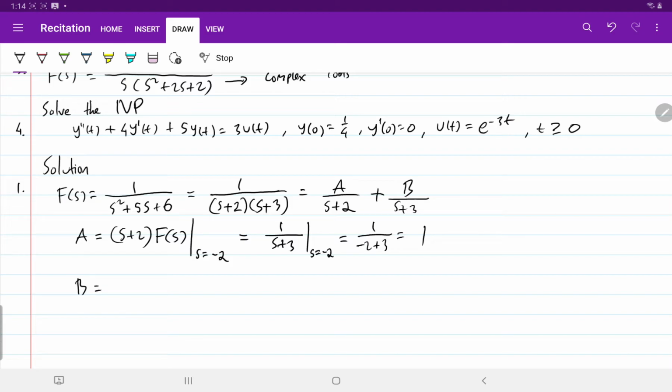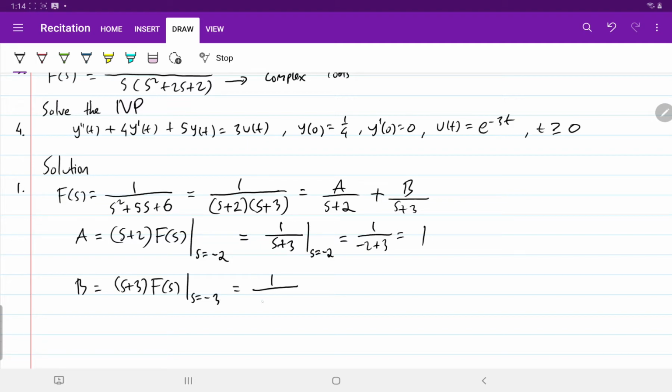And B, the same approach: s plus 3 multiplied by F of s, and you substitute s equal to the root of s plus 3, which is negative 3.